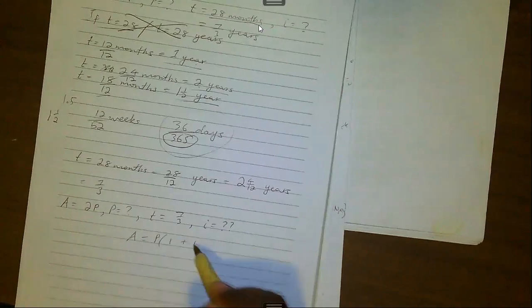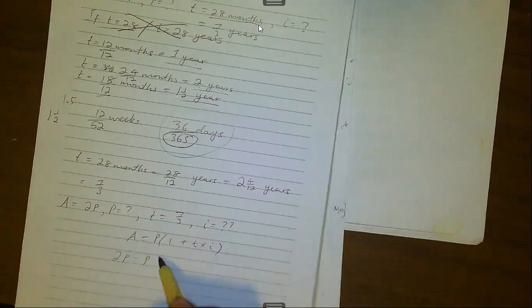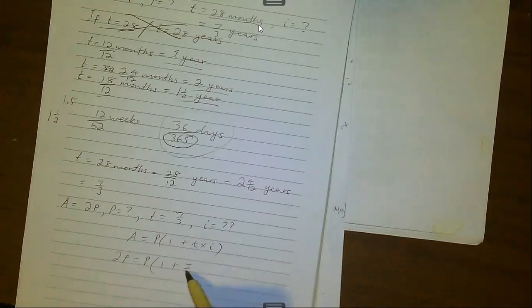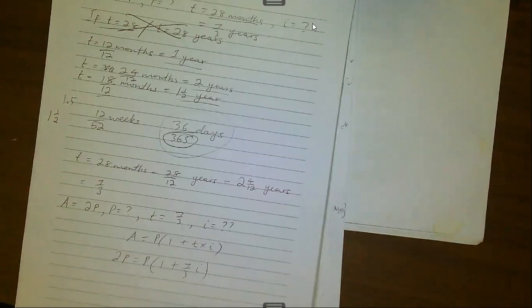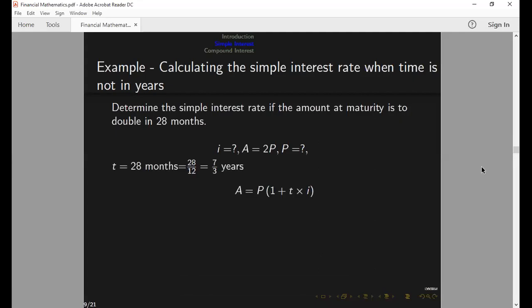Then I've got 2P equal to P times 1 plus 7 over 3 I. Now that we've established all of that, putting into calculation, we substitute, we get the values as we have shown.